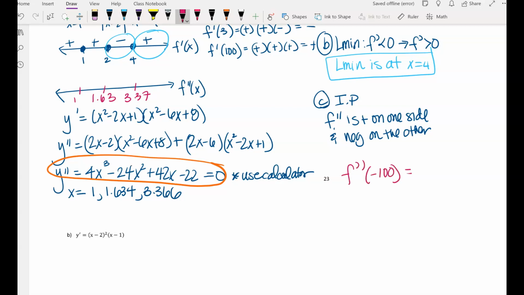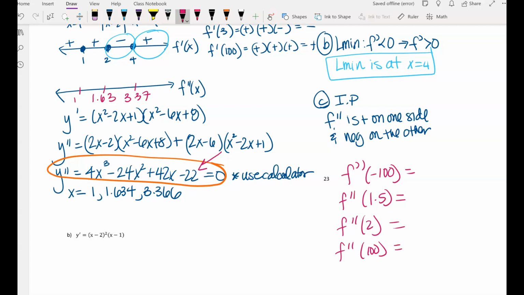All right, end behavior in between 1 and 1.63 is 1.5, and this is an ugly equation, so I'm going to definitely need some help. And then in between 1.63 and 3, I'm going to do f prime of 2 and then write end behavior.